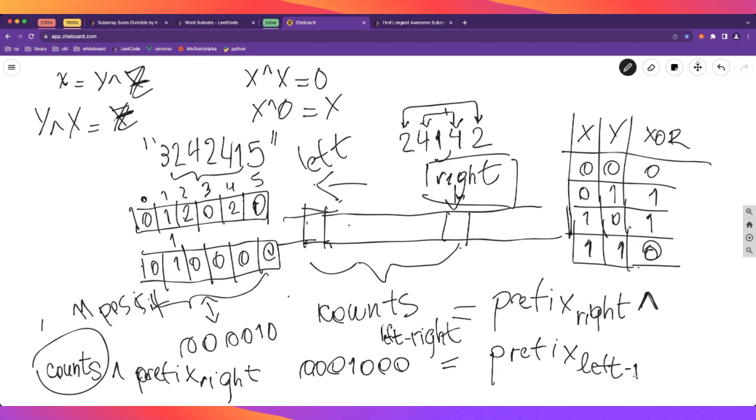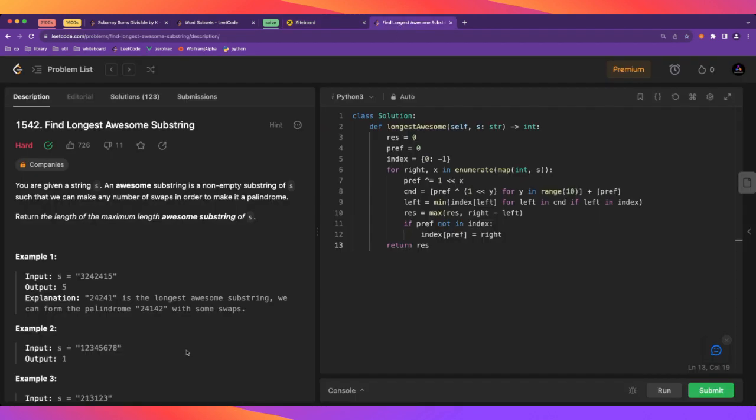That's how we know that prefix left must be this value. And then we talked about what happens if there's more than one, and we said, well, we want the first one that we saw, which is the leftmost, which is the one that is going to maximize the length of the substring.